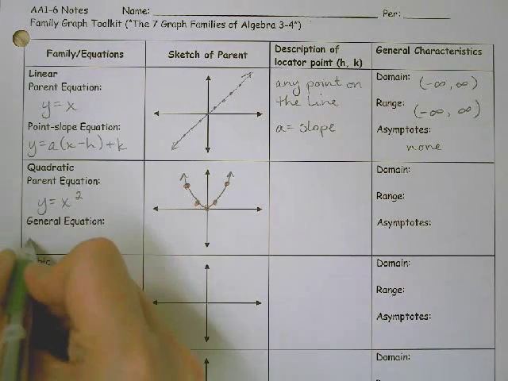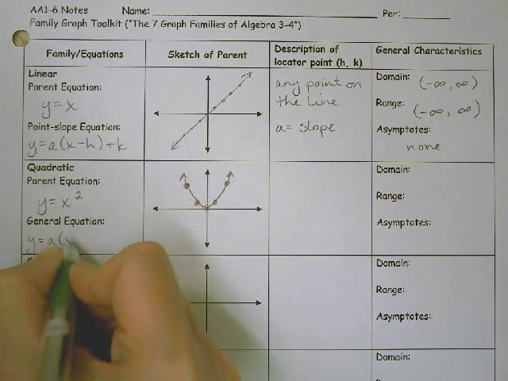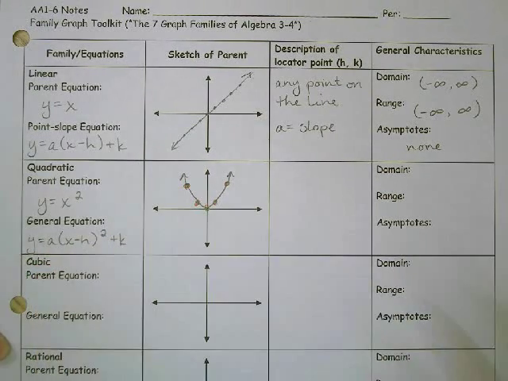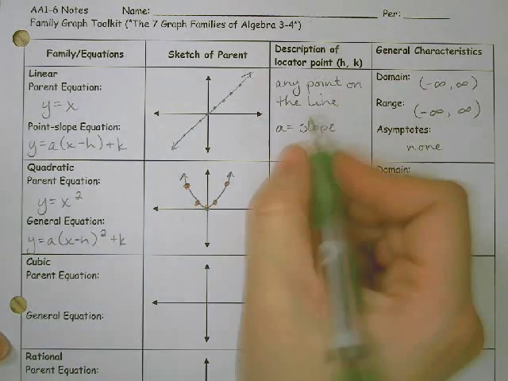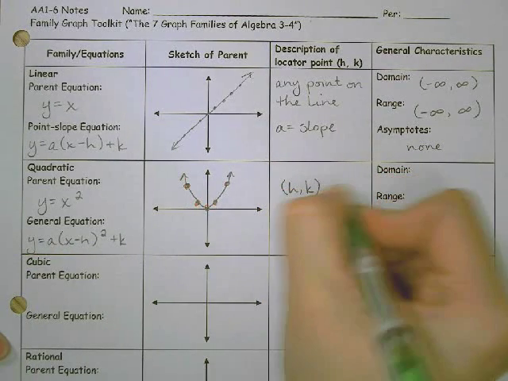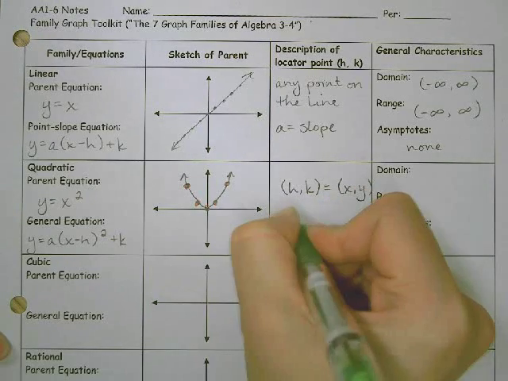The general equation, the vertex form, is y equals a times x minus h squared plus k. And hk is equal to the xy coordinate of the vertex.